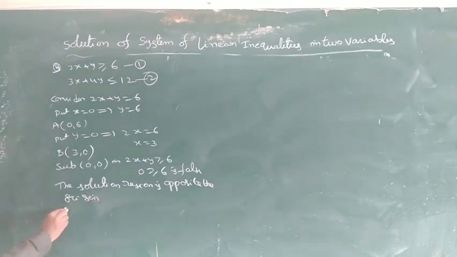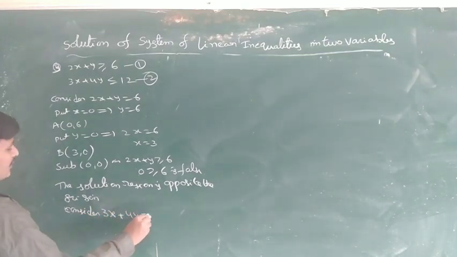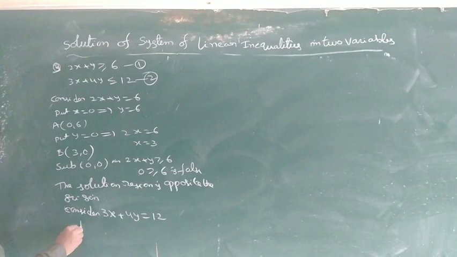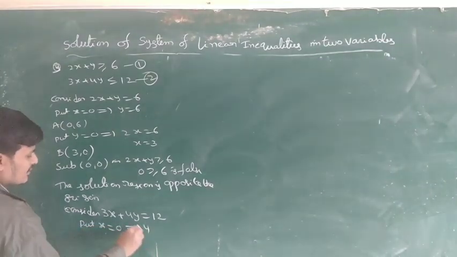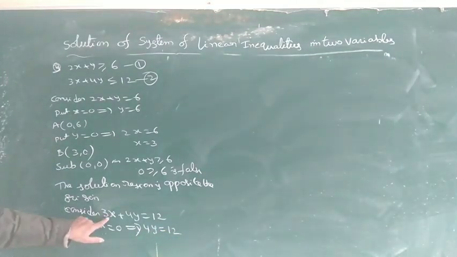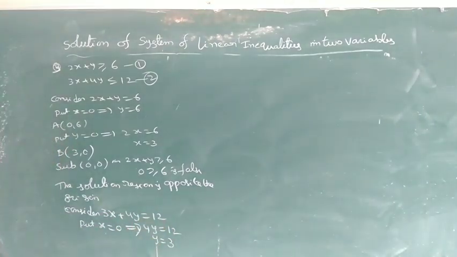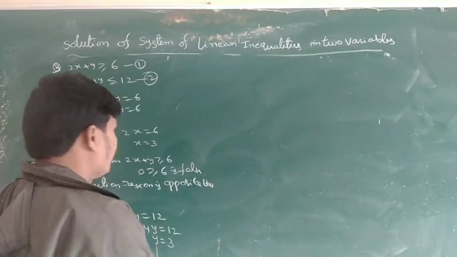Next, the second one, consider 3x plus 4y equal to 12. First put x is equal to 0. X is equal to 0 means 4y is equal to 12, that is 3 into 0 plus 4 into y. Y is equal to 12 by 4, 3. So the point is 0 comma 3.